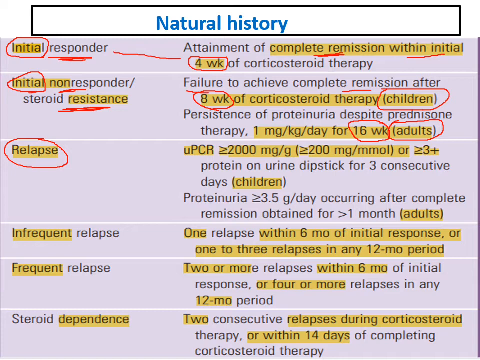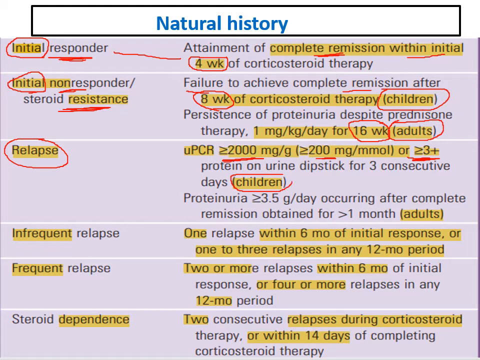A relapse is defined as urinary protein to creatinine ratio more than 2000 milligram per gram or more than 200 milligram per millimole, or 3 or more plus of protein on urinary dipstick for 3 consecutive days in children.